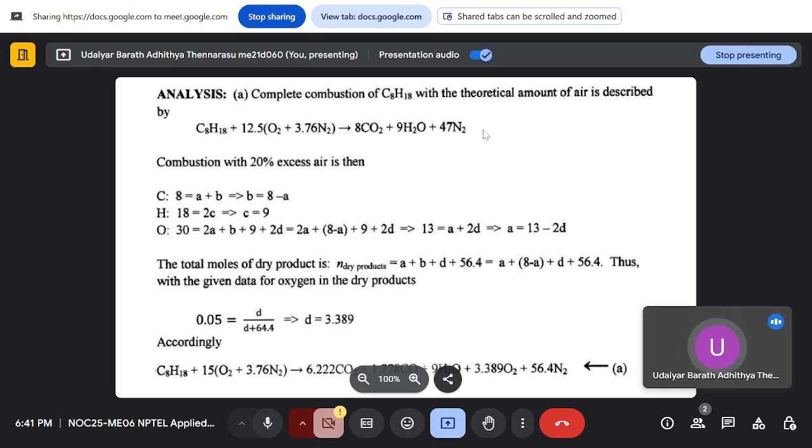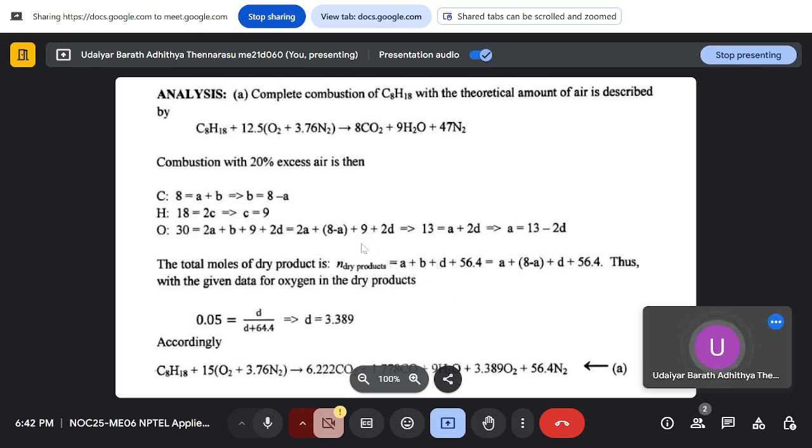We don't know the oxygen because some is combusting to CO2 and some is present in CO, so we have somewhat more oxygen present, and we need to find it. Nitrogen we can find straight away because it's not taking part in combustion. Excluding water, the number of moles present is the number of moles of dry product, so A plus B plus D plus 56.4.